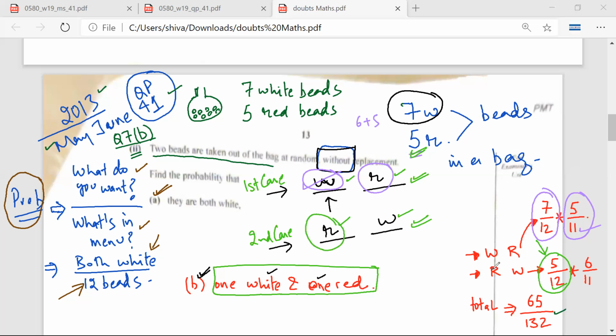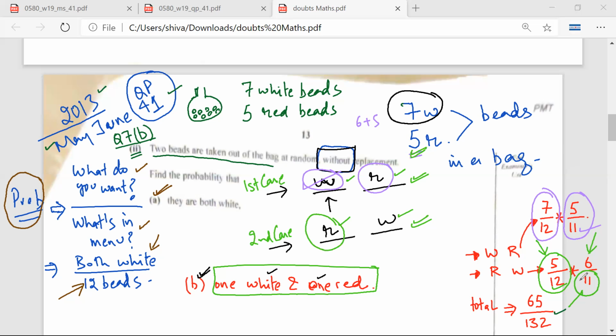And once I have taken one bead out, the total number reduces by 1. So only 11 beads remain in the bag. But out of these 11 beads, 6 would be white. So the probability of white beads would be, Mr. Rudra, is it correct? Should it be 6 by 11?